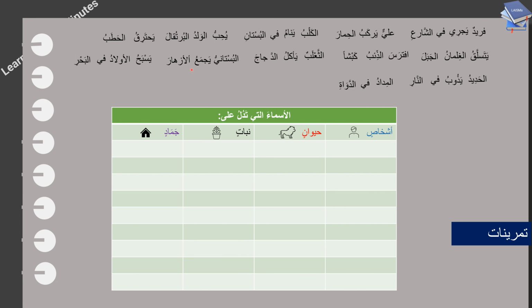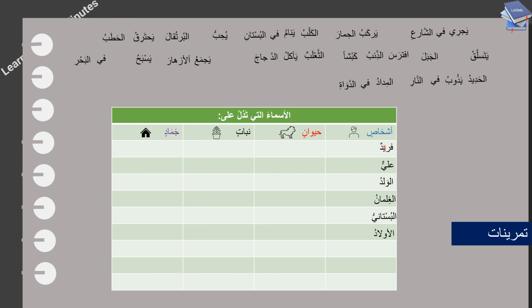So from these sentences, we only extract the asma and categorize them into أشخاص, حيوان, نبات, جماد. أشخاص: فريد، علي، الولد، الغلمان، البستاني، الأولاد.